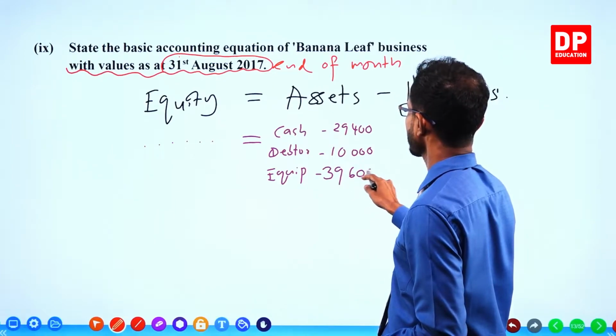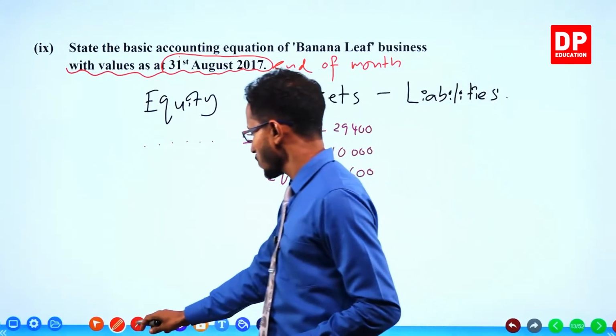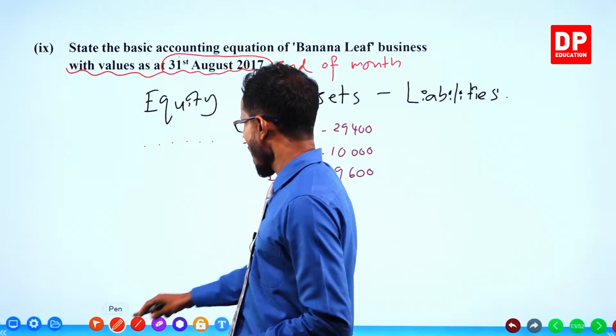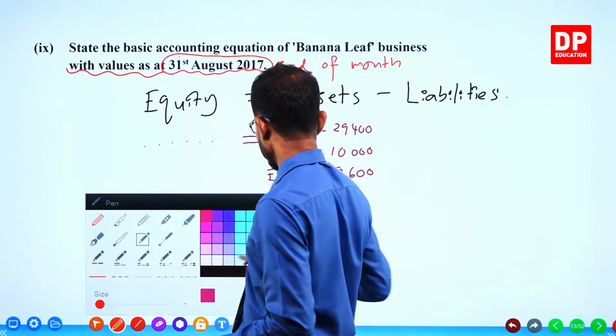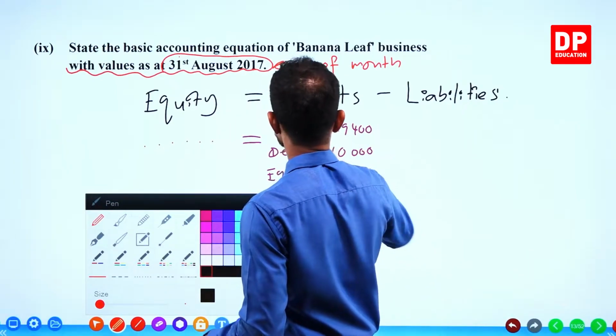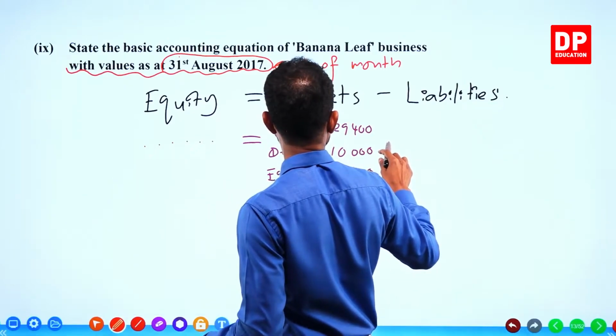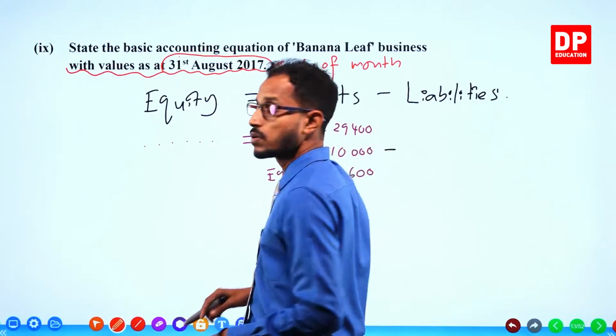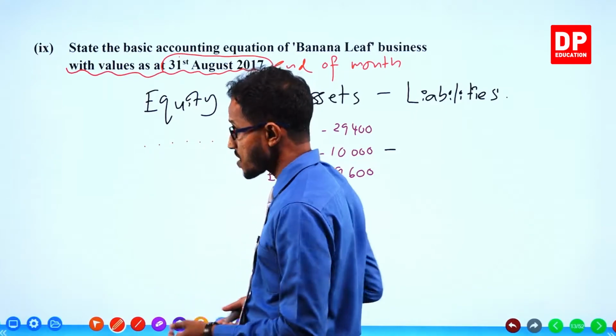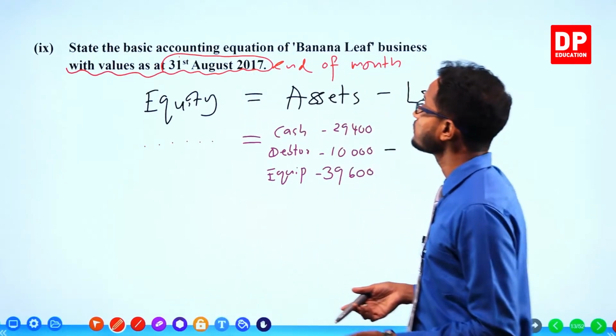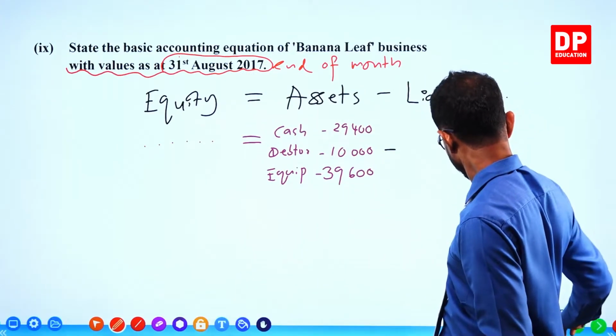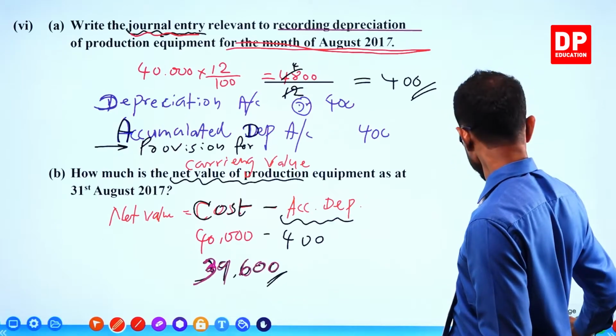Assets minus liabilities. What liabilities do we have? Creditors. Go and check.